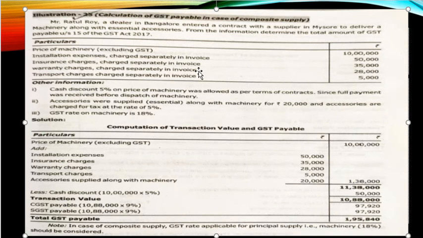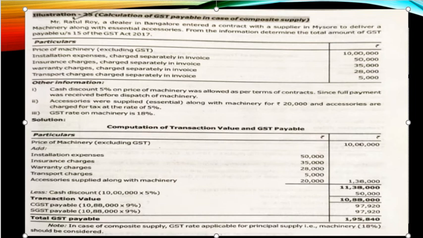These are the expenses which are incurred after the asset has been ready for sale. These are the additional expenses which are incurred. So the discount is to be charged on the exact value of the goods. These additional expenses will not be included for charging the discount. So 10 lakh into 5% will give us 50,000.